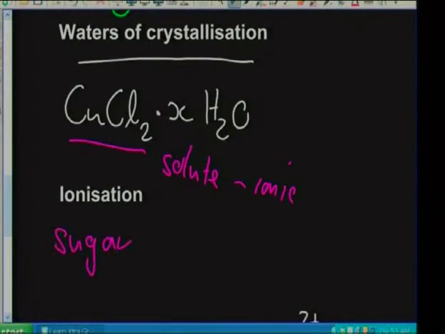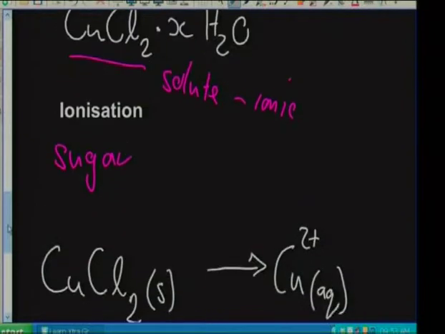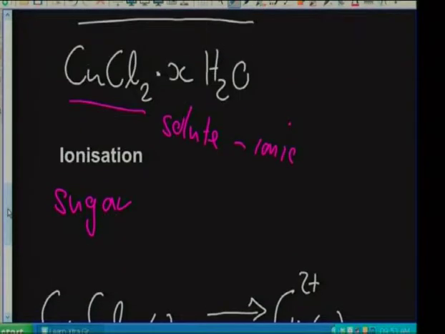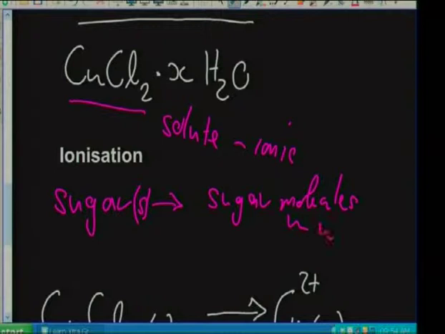If we put sugar into water, then what's going to happen? Sugar is going to form a sugar solution. And we're going to get sugar molecules surrounded by water. This was solid over here, and this is sugar molecules in water.